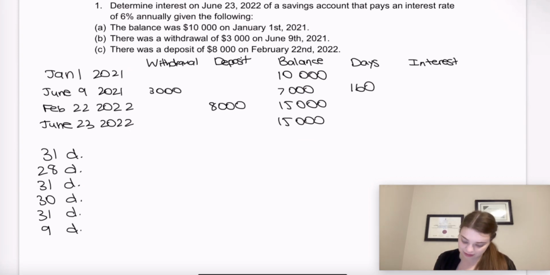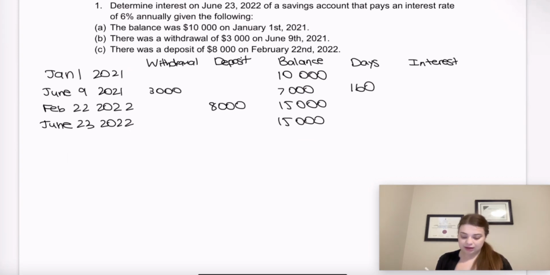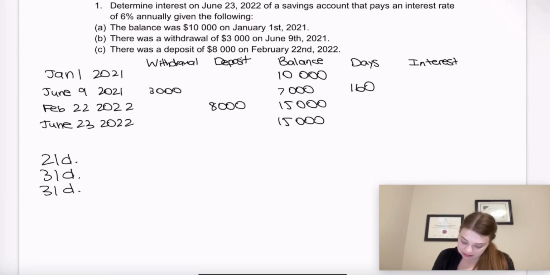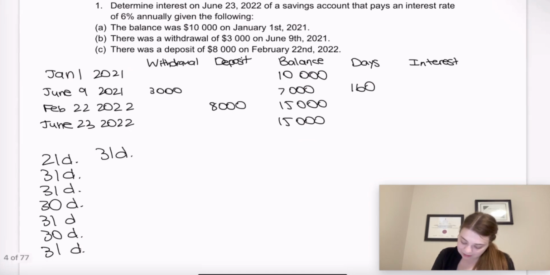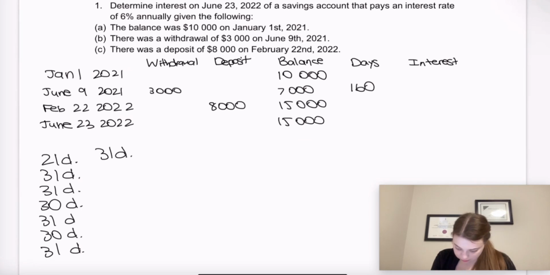Okay, now we're going to do the same thing for between June 9th and February 22nd. Overall in June, there are 30 days, but we've already counted the first 9, so just the other 21 days for June for the next calculation. So 21 days for June, 31 for July, 31 again for August, 30 for September, 31 for October, 30 for November, 31 for December, 31 again for January.